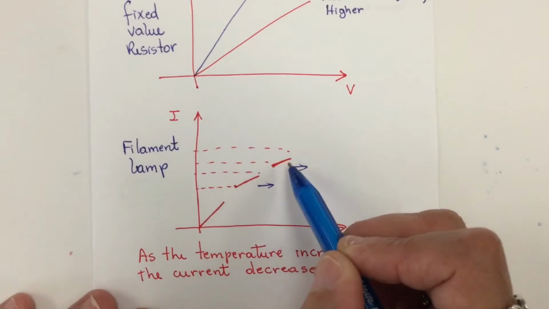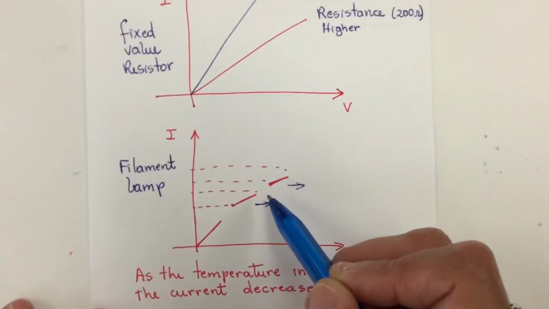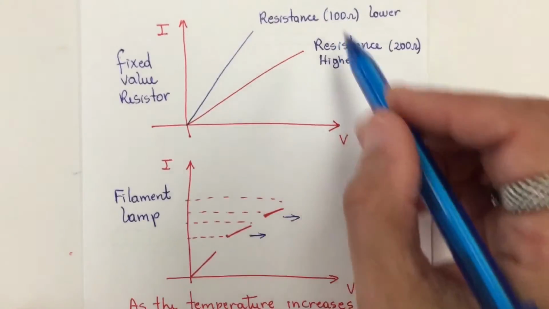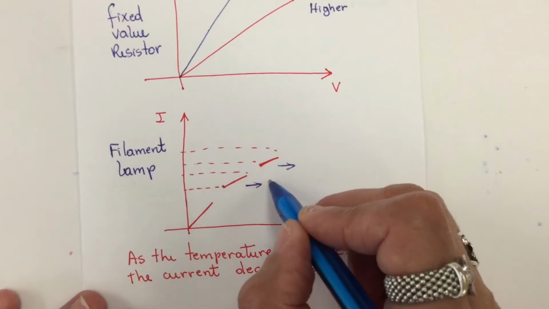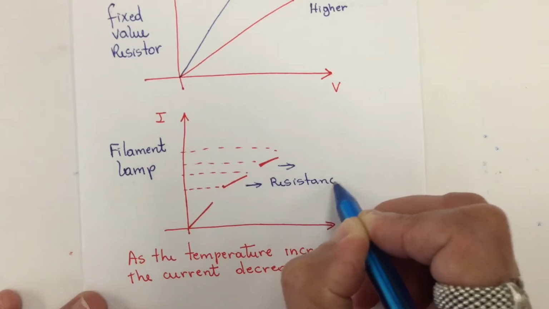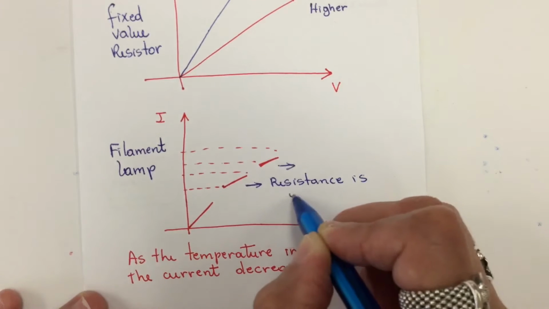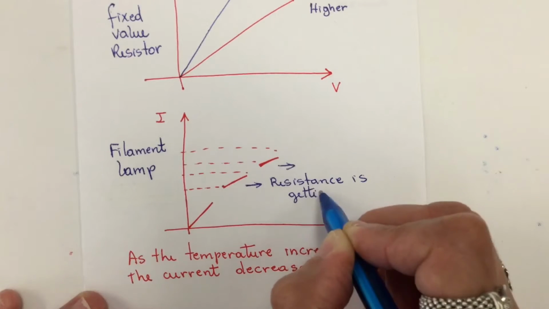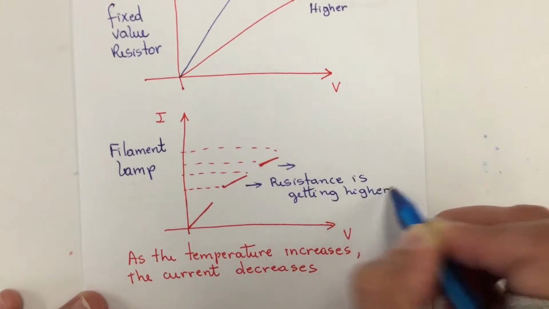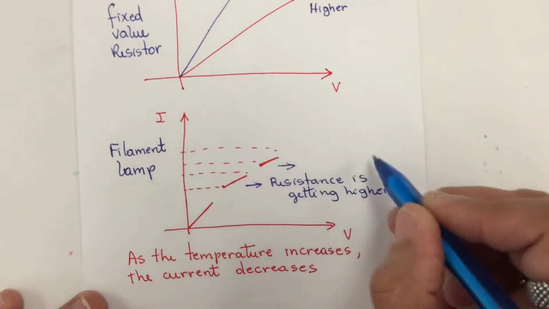Because the line is getting less steep, the resistance is increasing.